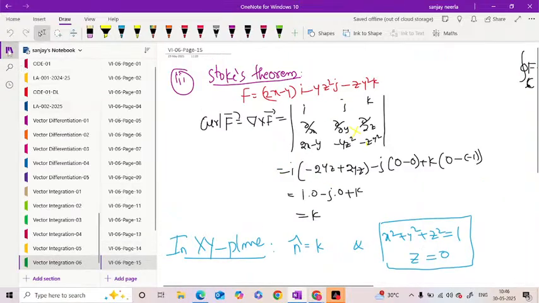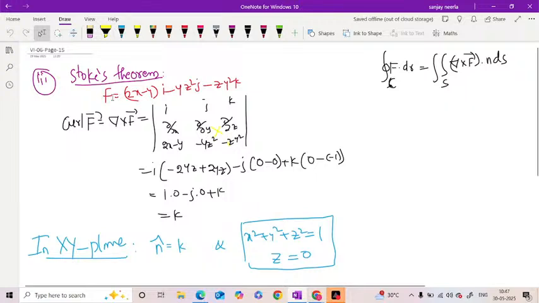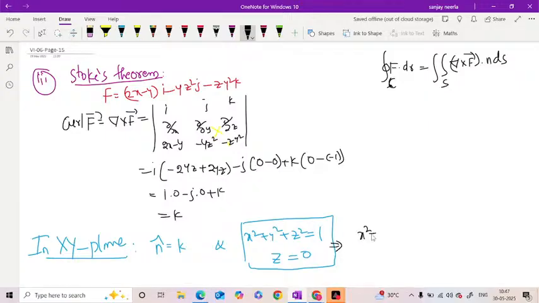Next one: evaluate this line integral by using Stokes theorem. So the given vector is F. First of all, you have to find curl F, that means del cross F. After doing the curl, you will get k only. In the xy plane, our unit normal vector is k. And with x square plus y square plus z square equal to 1, in the xy plane we get x square plus y square equal to 1 only.